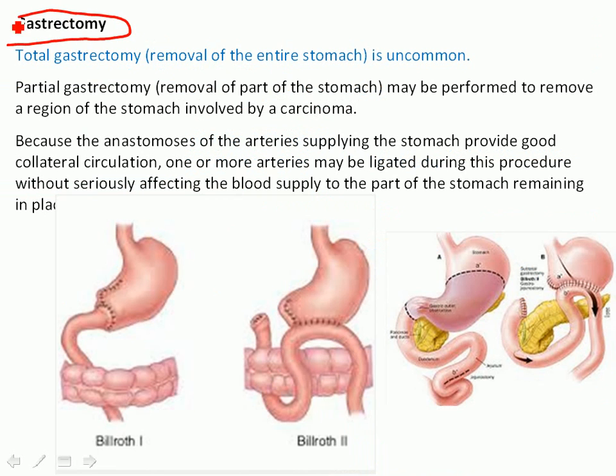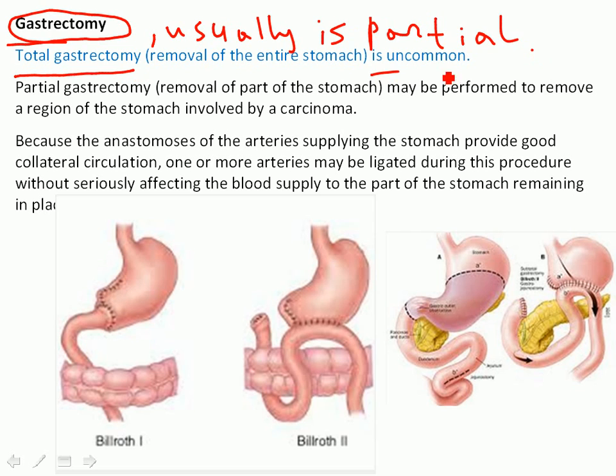Gastrectomy. Gastrectomy is a very commonly performed procedure for various reasons, for gastric carcinoma and for peptic ulcer treatment. Total gastrectomy exists in several variants, the most common variants being called Billroth 1 and Billroth 2.